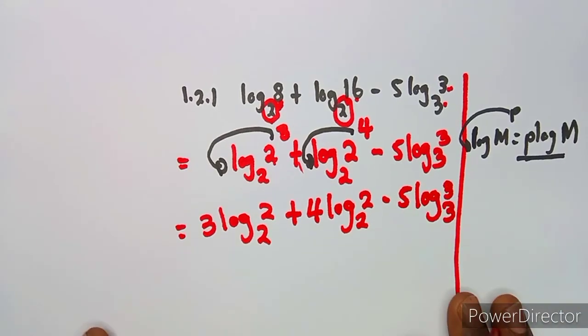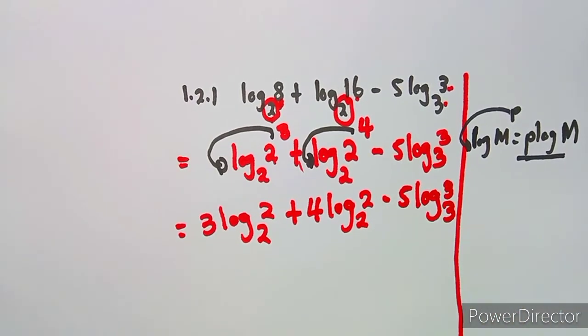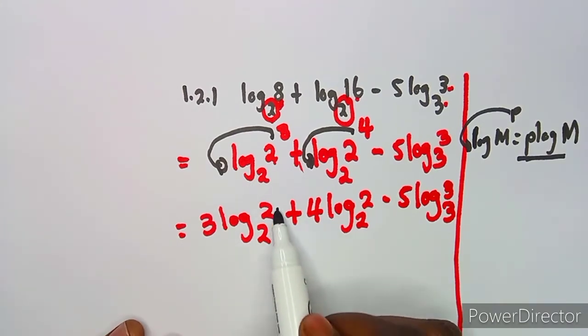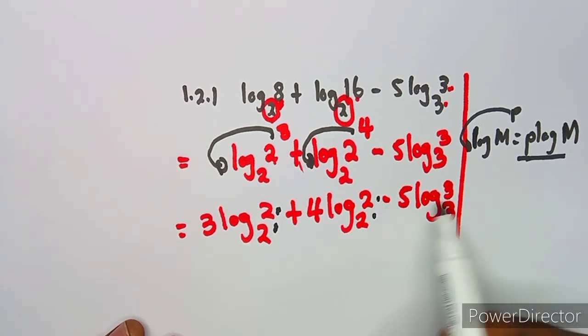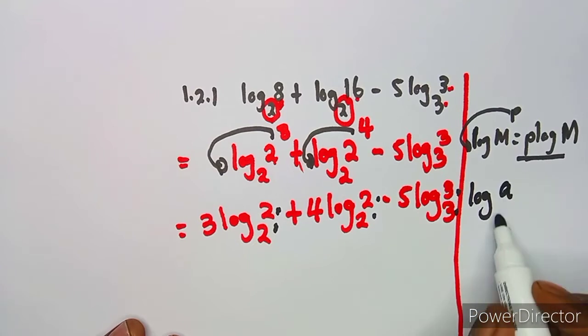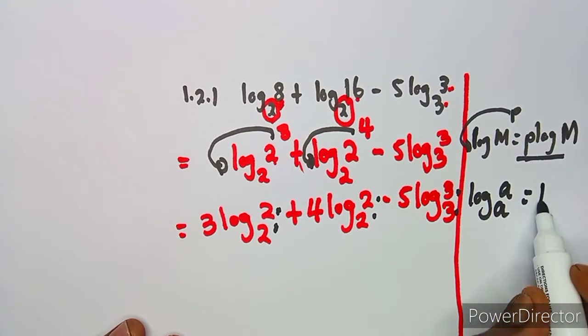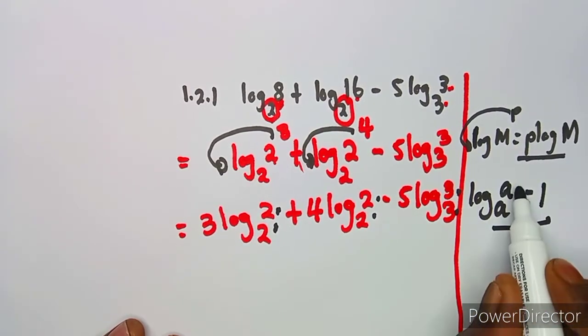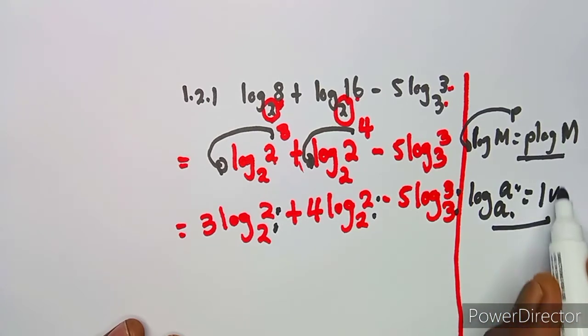Okay, now I just want us to apply this law at once at that stage, because as you can see, we've got log of a number and a number which are the same. So we're going to use this law that logarithm of a in base a is equal to 1. Whenever the number and this number are the same, you're going to obtain a 1.